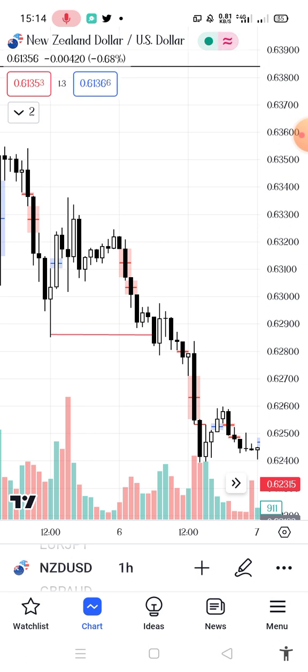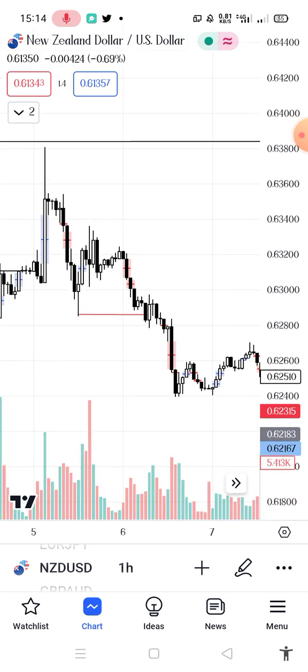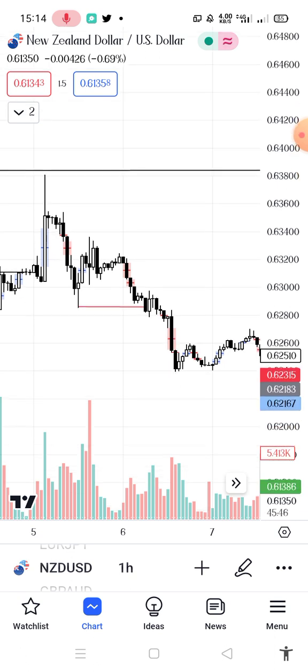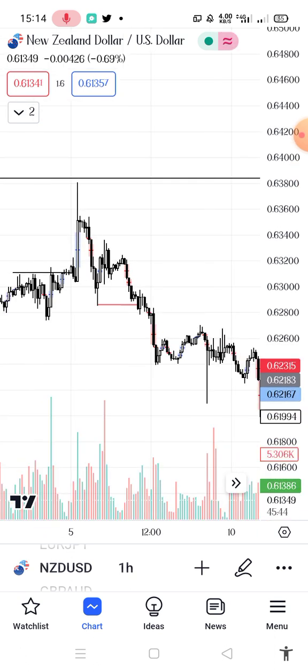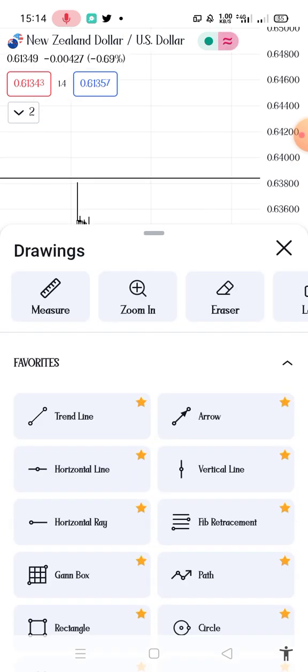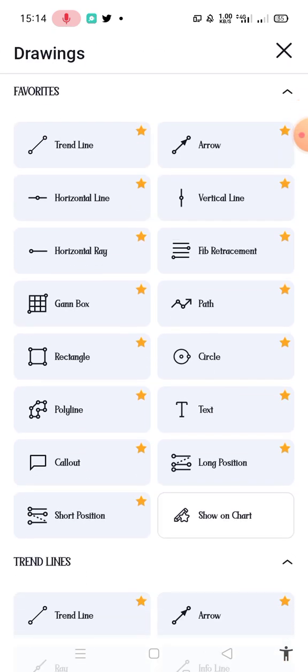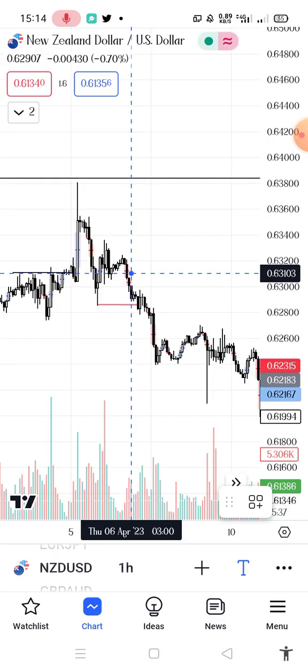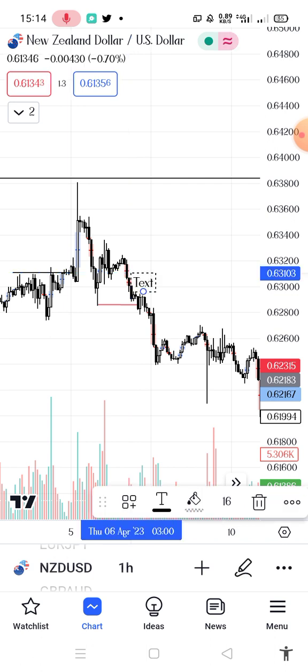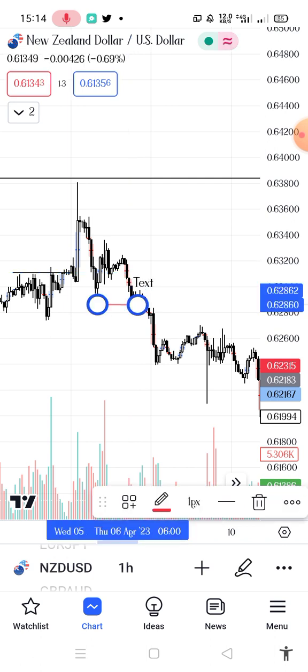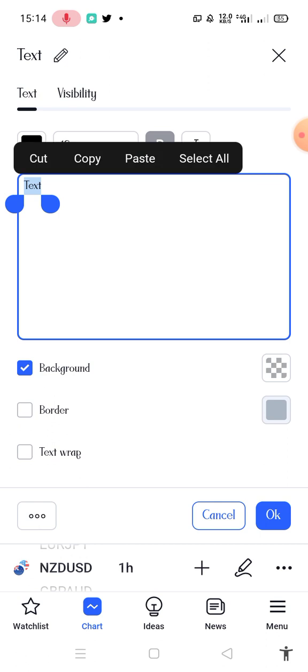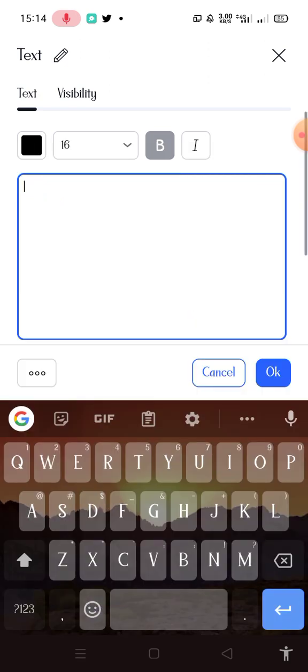Simple. In this downtrend, a downtrend is also called bearish. Bearish is in a bearish movement. Let me write it so you get it. So when it's on a downtrend, it's in a bearish movement.